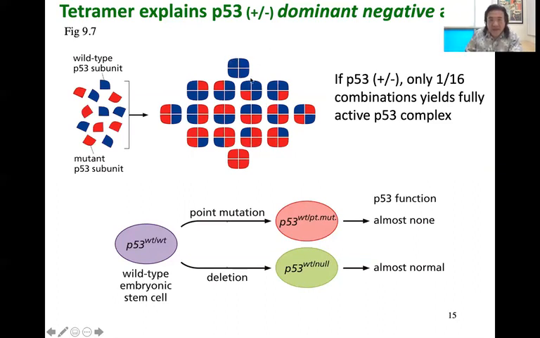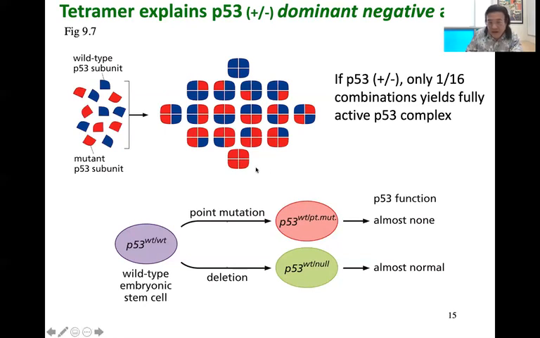So that means only 1 out of 16 possible combinations in a p53 plus/minus cell would be the normal wild type one, because in only 1 out of 16 cases would all 4 subunits be the blue wild type p53.